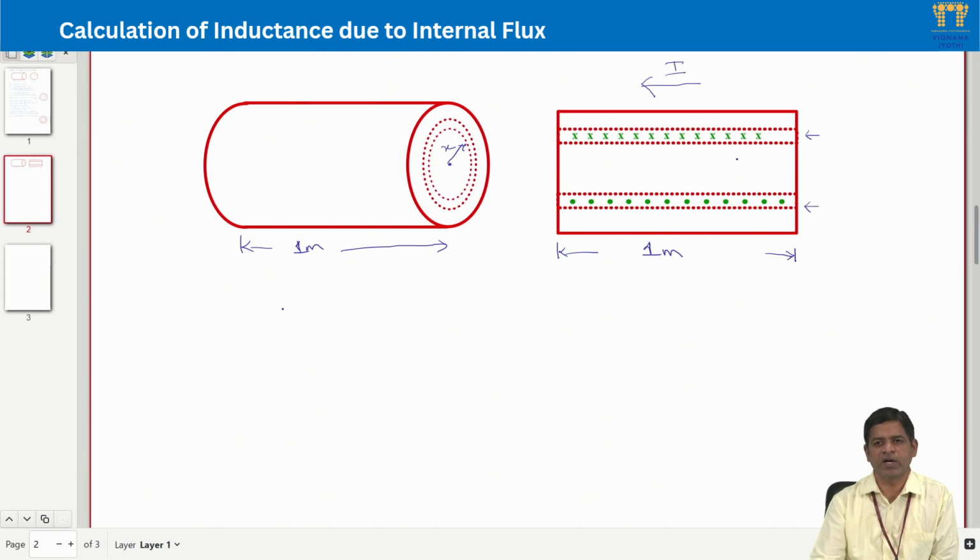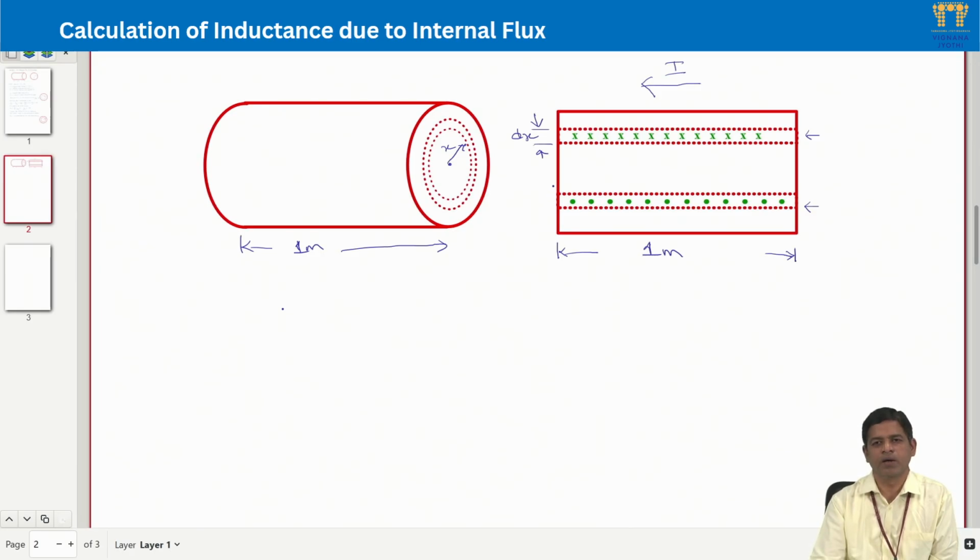So to have a feel, I have taken this cross and dot notation so that you can have a feel of the flux which is entering in the top portion in the tubular element, whose width is, as we have taken, dx. This width is dx. So in this top tubular element portion, the flux is entering, and in this bottom portion, it is coming out.